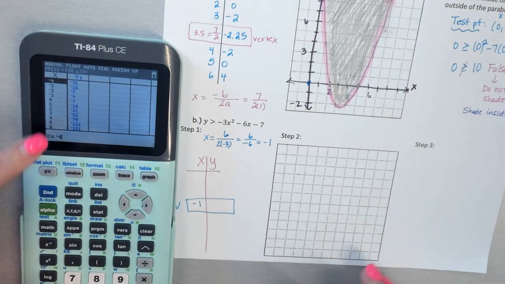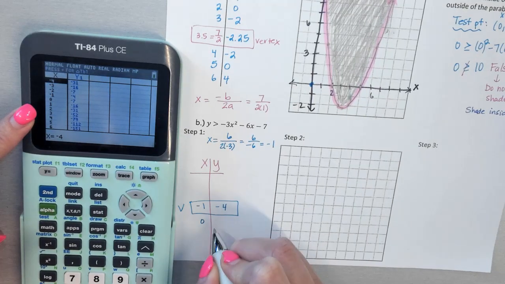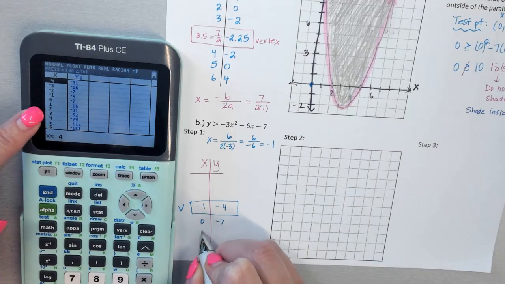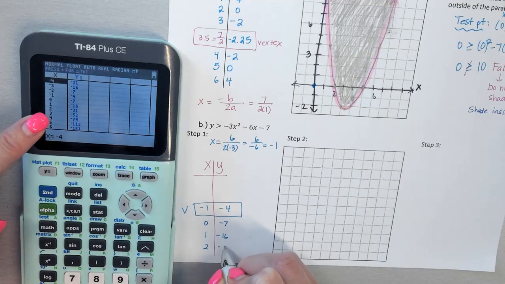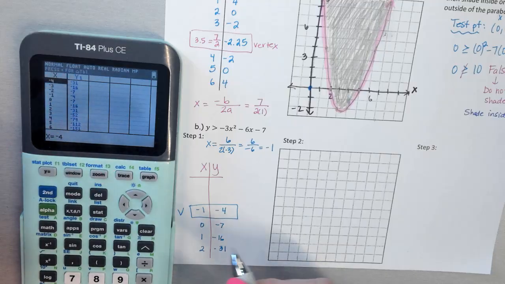All right, so at negative 1, I'm at negative 4, and then at 0, I'm at negative 7, at 1, I'm at negative 16, and then when I get to 2, I'm at negative 31. Okay, so that is a little large.